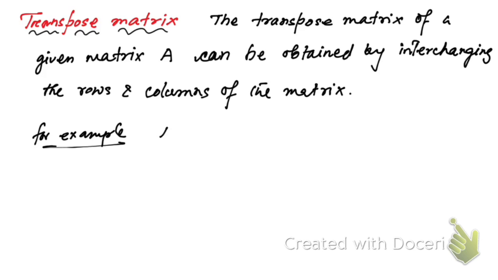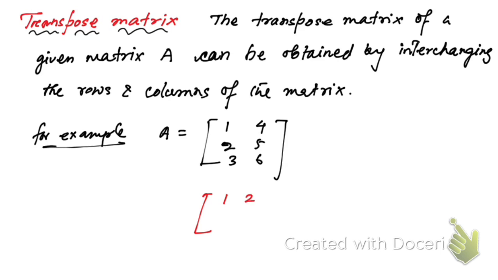suppose we have a matrix A given by 1 4, 2 5, 3 6. So let's make this column a row: 1 2 3. Then the second column is made the second row: 4 5 6.